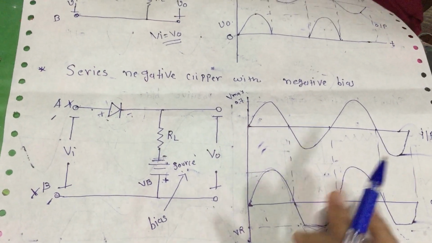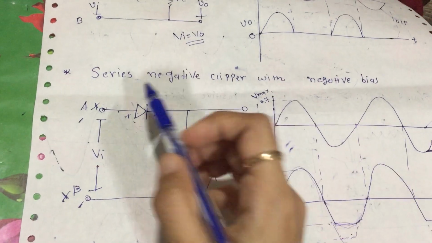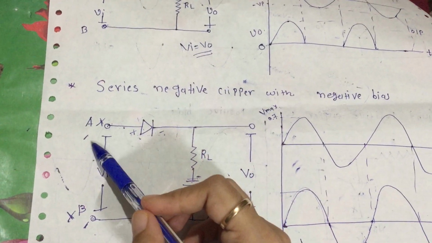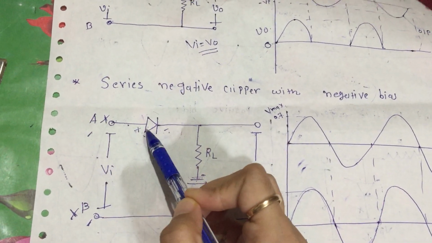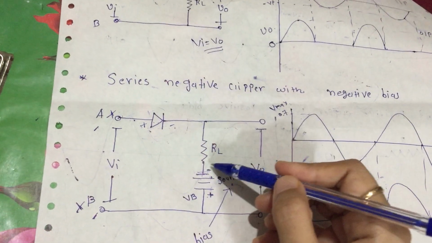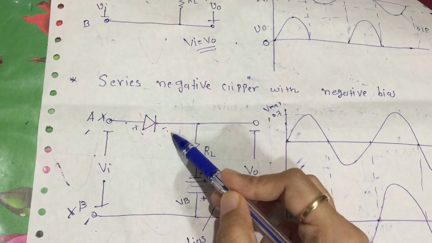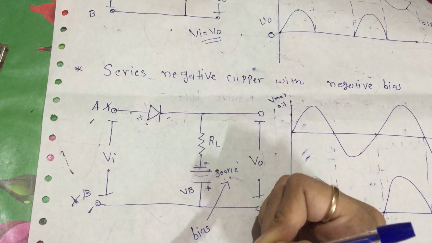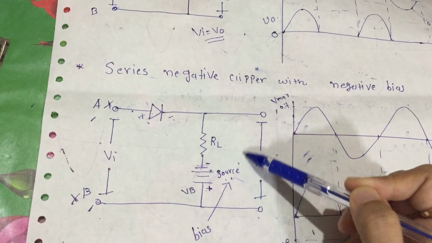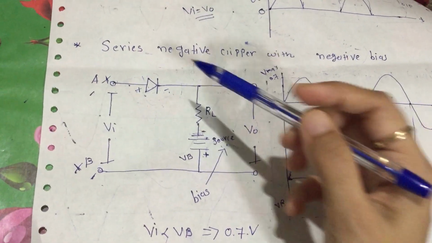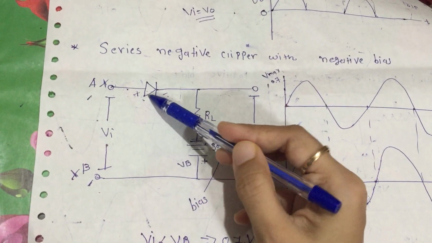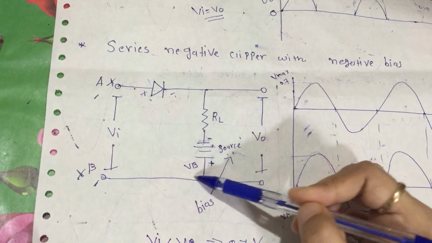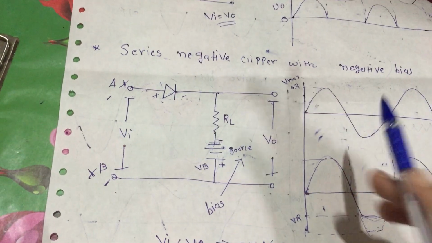But in reverse bias, when A is negative with respect to B, this side becomes reverse biased and this side becomes forward biased. Of course you know that reverse bias has less voltage Vi, but Vb is greater than Vi.